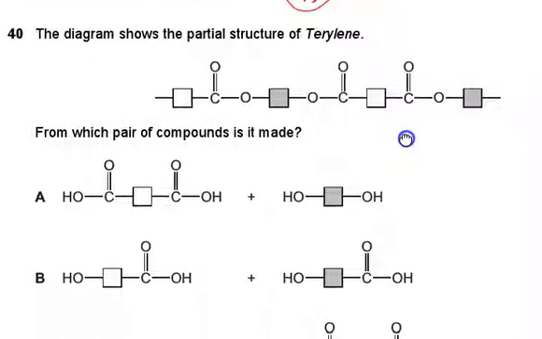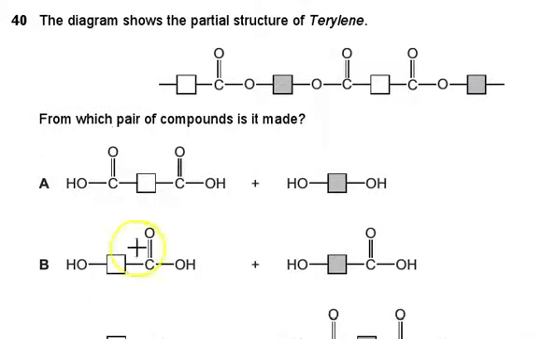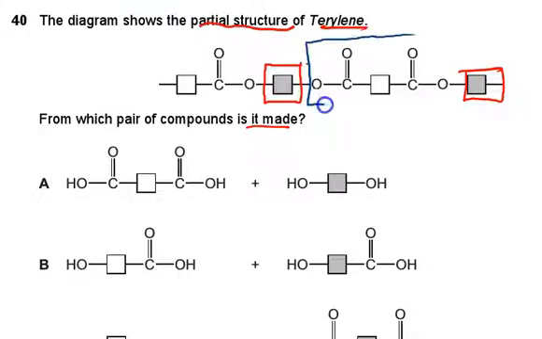Okay, now let us look at this diagram. Question number 40. The diagram shows the partial structure of terylene. So, from which pair of compounds is it made? So, if you look at here, it can be separated in these two ways. So, one is the black box itself and the white box.